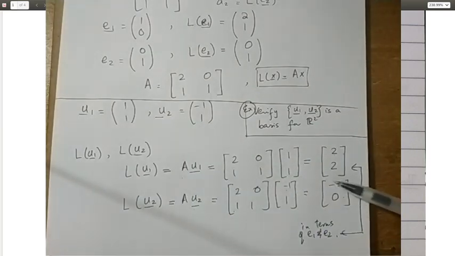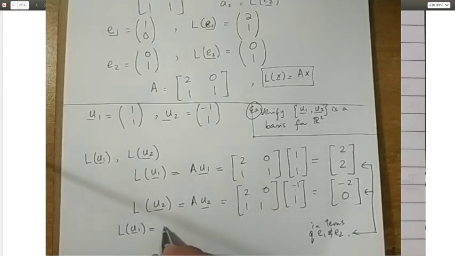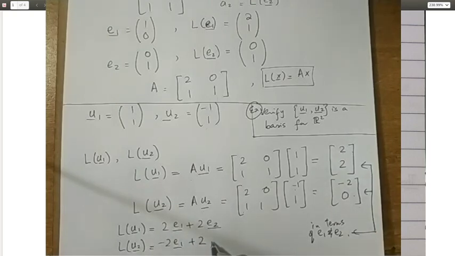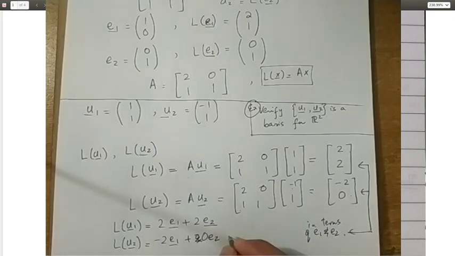So this (2, 2) and (-2, 0), if I write it down clearly, LU1 is actually 2E1 plus 2E2, and LU2 is actually minus 2E1 plus 0 times E2.